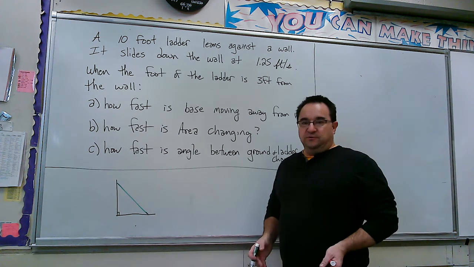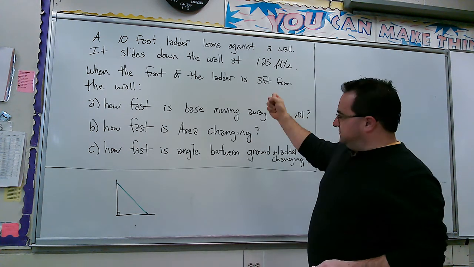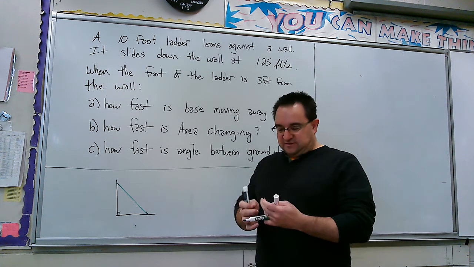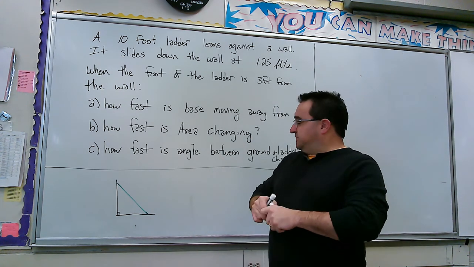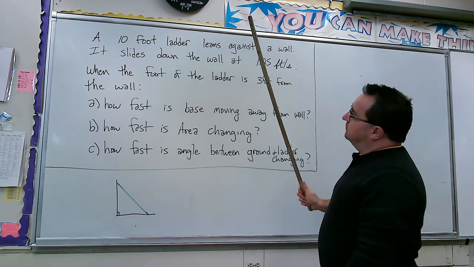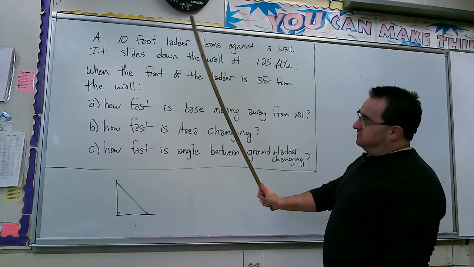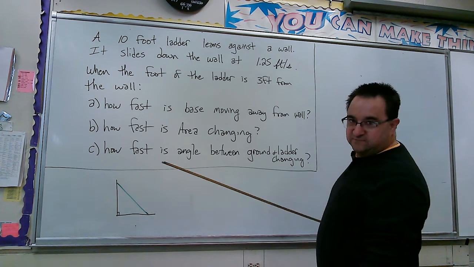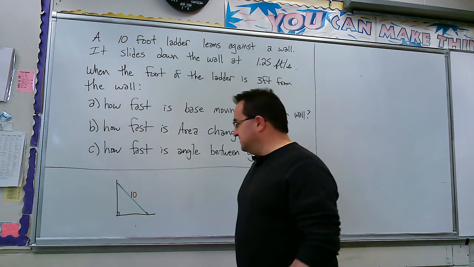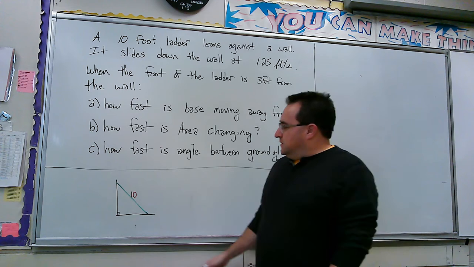The next thing you do is you think of what it's saying and try to put in variables and constants that make sense. So in this case, that is a 10-foot ladder, and that is always 10 foot no matter where it is when it's falling. It's 10 foot now, 10 foot now, 10 foot now. So I'm going to put 10 for that because that's always 10 feet.